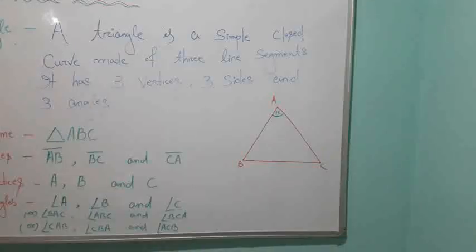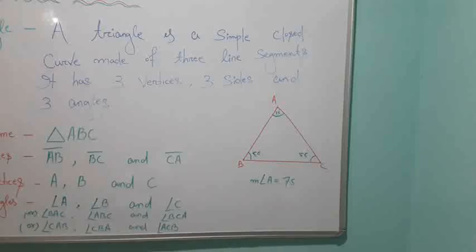Now angle A is of 75 degree, angle B is 50 degree and angle C is 55 degree. When you write the measurement of any angle, you have to write M before the angle sign. Let us take an example.